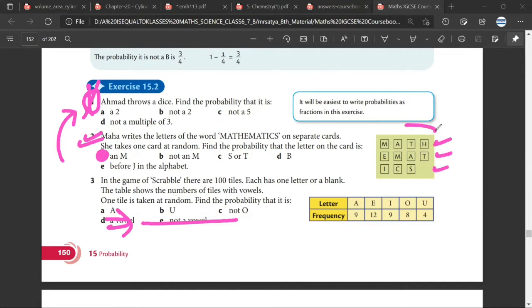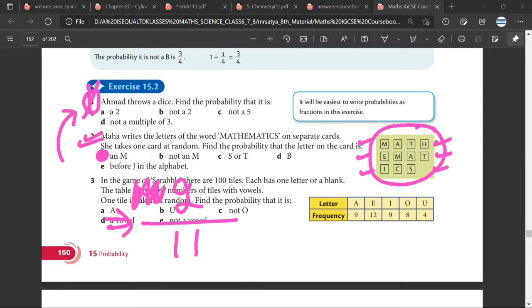And how many total letters are there? 11. This is 4, this is 8, this is 3. So the total number of options are 11. And how many do you want, Mr. Satya? 2. Now what I'm trying to tell you is, would you write 2 here, or would you write M here? That is what I'm asking.